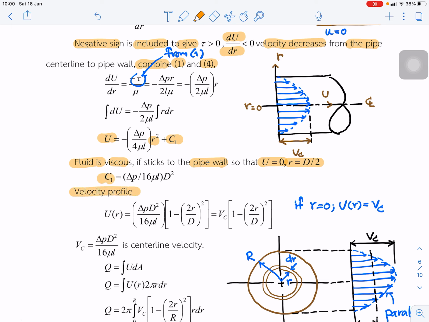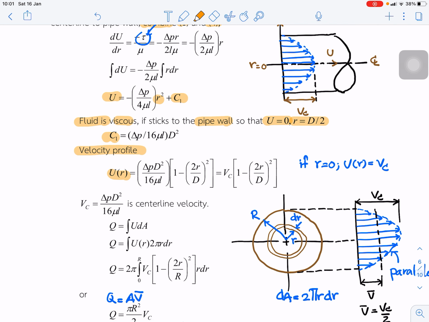Finally we write the equation of the velocity profile, u as a function of r. This is Vc and this is r squared. If r is 0, then u is equal to Vc, the center line velocity, or the maximum velocity.